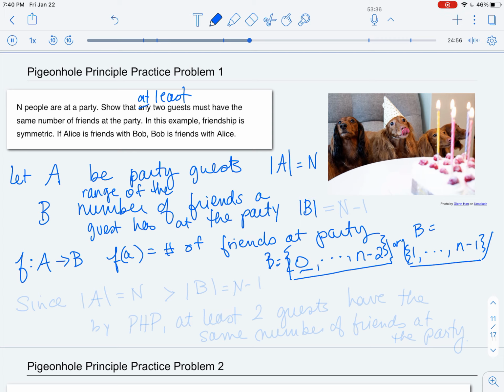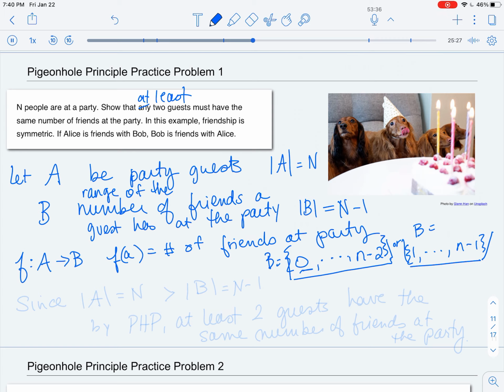And in either case, what this means is that the cardinality of the number of friends a guest has at the party is going to be n-1. So it's either going to be values between 0 to n-2 or 1 to n-1. But in either case, we're fine. We have what we need to prove this claim using the pigeonhole principle, because we have our set A, our party guests, as pigeons.